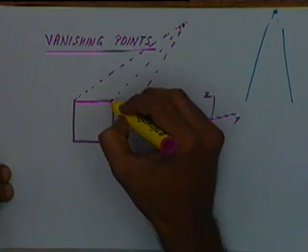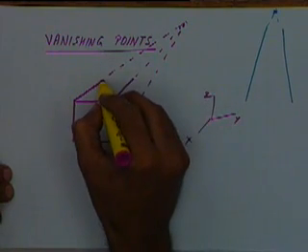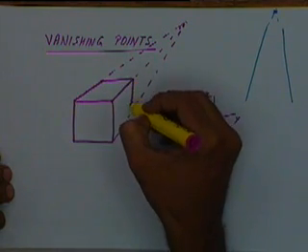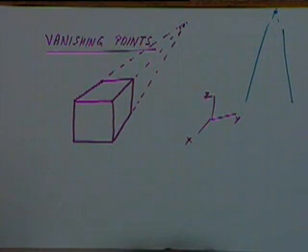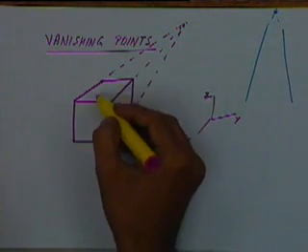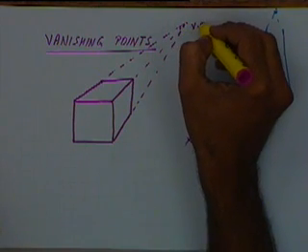So the view of the cube would look something like this, because the lines parallel to the x axis seem to emerge from this point, which is our vanishing point.